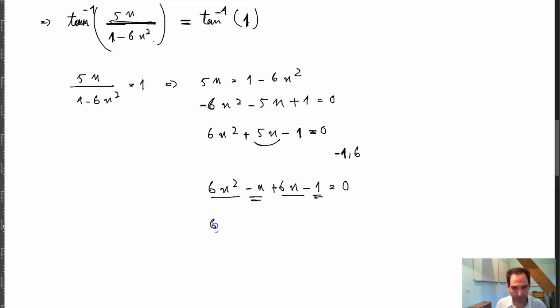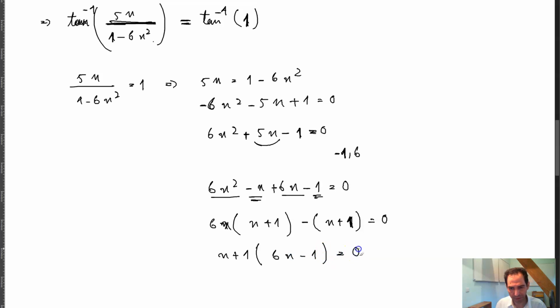Basically take 6x out, 6x times x plus 1, minus x plus 1, which means that x plus 1 times 6x minus 1 is equal to 0.